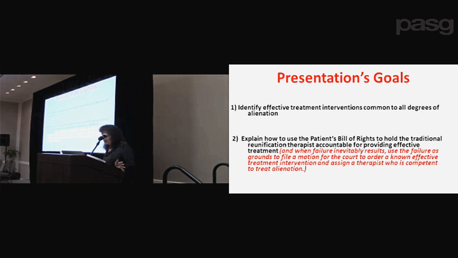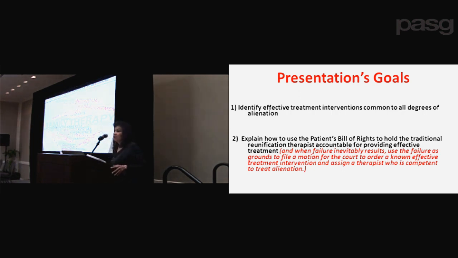When they fail to do it, it provides the legal grounds for the alienated parent's lawyer to go back to court and file a claim to have an appropriate therapist assigned, doing an appropriate intervention, and really putting the blame on the alienating parent for a change instead of the alienated parent.